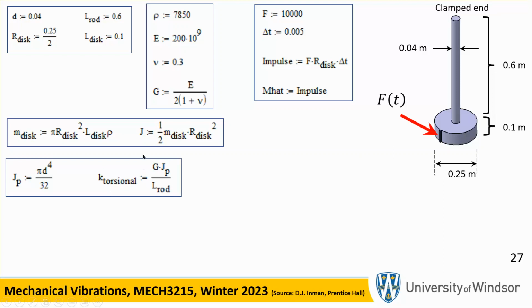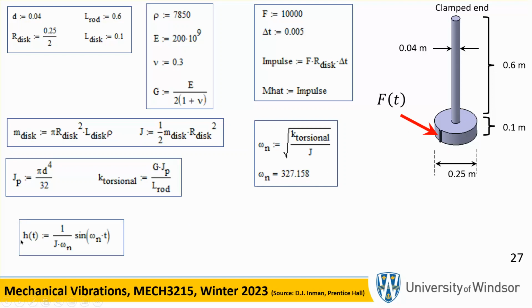And we find the torsional stiffness of that bar, okay? Remember, we have to find the pi d to the 4/32. And these are the natural frequencies. I put the K in here, I put the J in there, and I get this natural frequency of the oscillation of this disk. And here is your impulse response function.